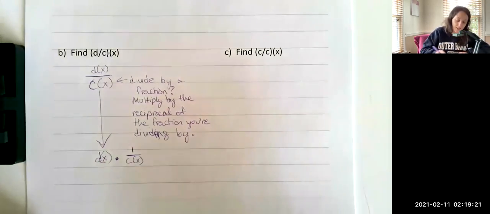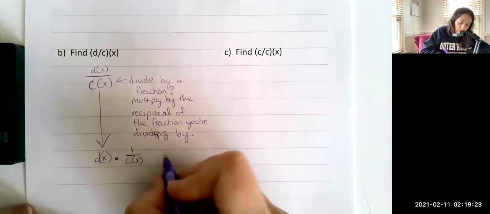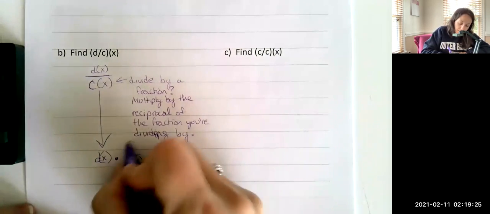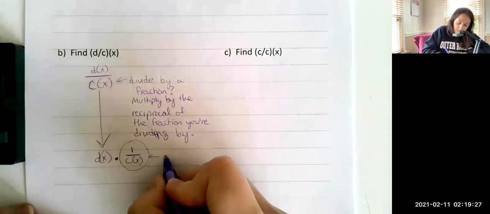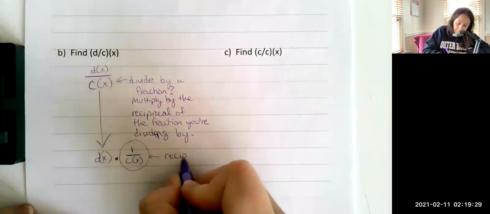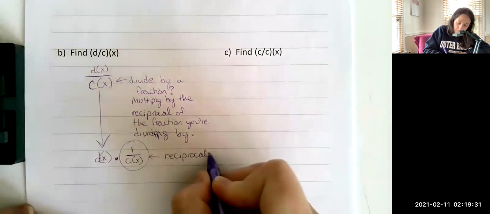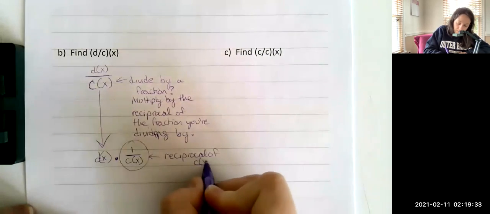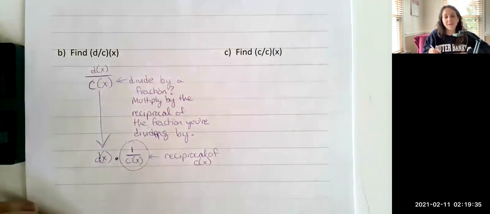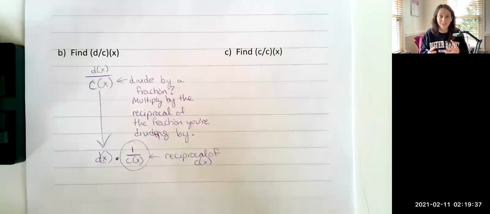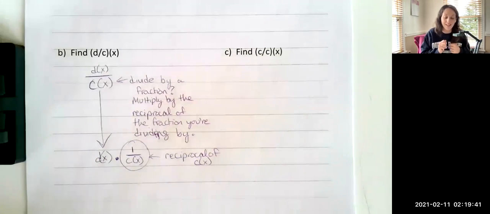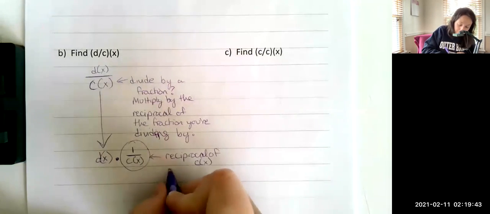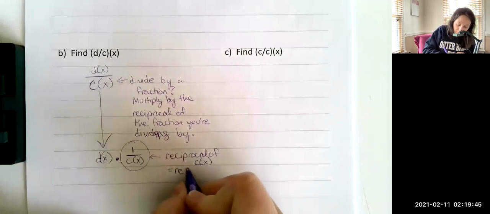However, I like to say the word refliprical, because this right here, yeah, this is the reciprocal of C of x. But if C of x is already a fraction, that means that all we have to do is flip it upside down and we get the exact same thing. Refliprical.